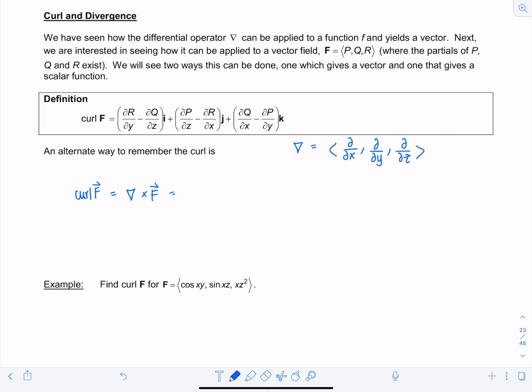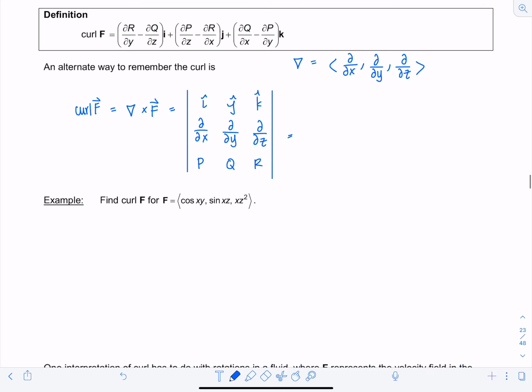And so let's take this cross product here. So we'll have i hat, j hat, k hat in the top row, then ∂/∂x, ∂/∂y, ∂/∂z in the second row, and then F had components P, Q, and R. Notice when we compute this determinant, for the first component I'll have ∂R/∂y minus ∂Q/∂z, which matches exactly with our definition for the first component.